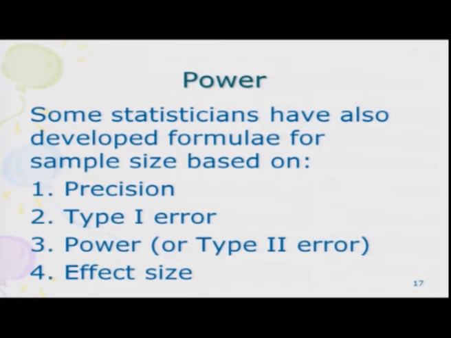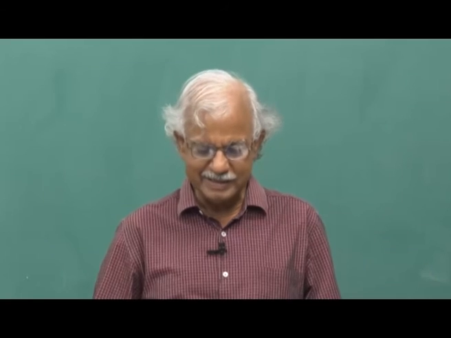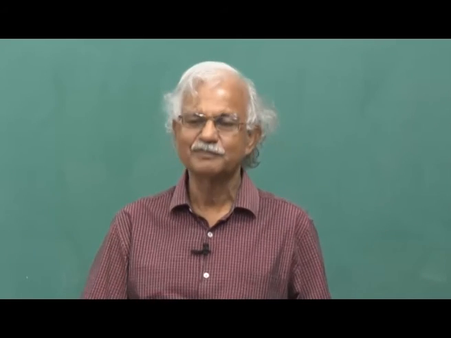In the formula for population proportions, I said small p minus capital P, absolute value of that, is greater than or equal to D. That D is the effect size.